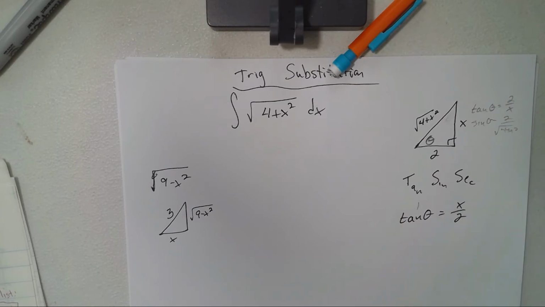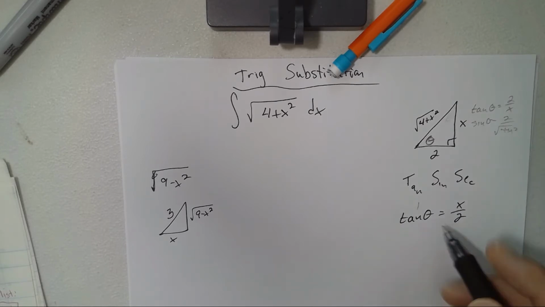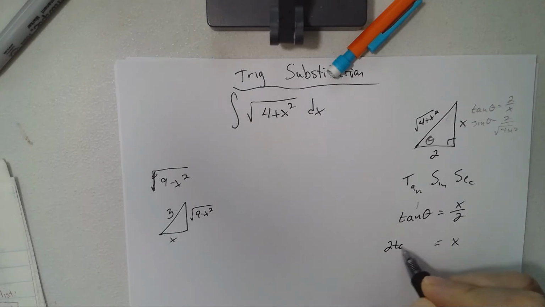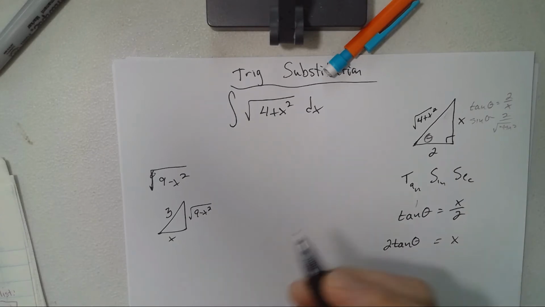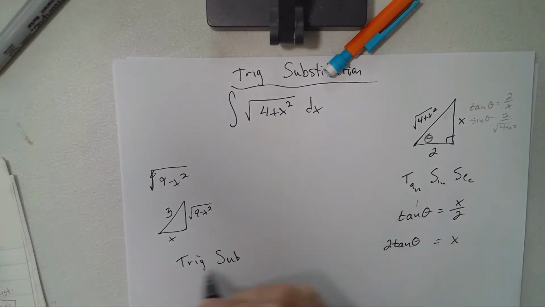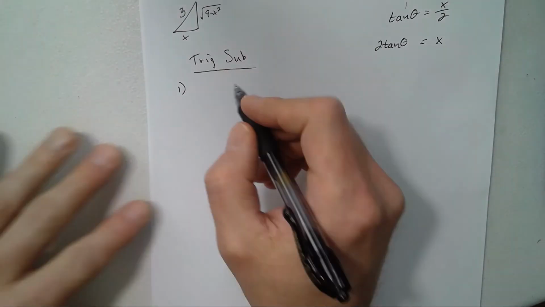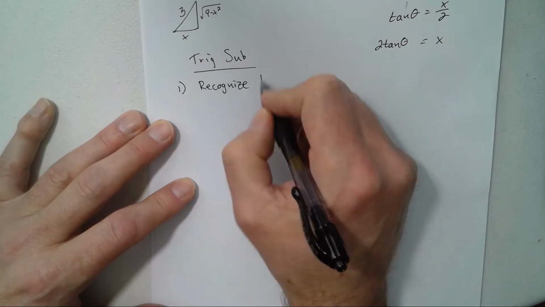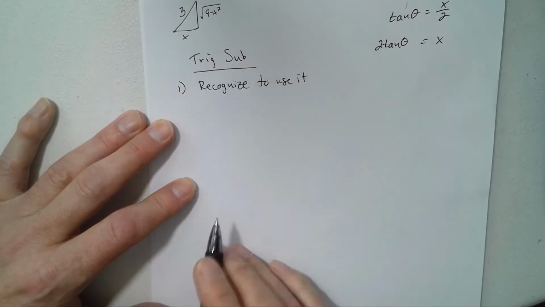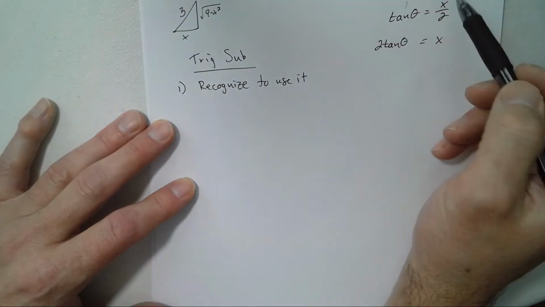So once you have that, you want to solve for x, so x equals 2 tangent theta, and we want to find dx d theta. So here's my list. Number 1, recognize when to use it: it has square roots of things being squared on the inside.